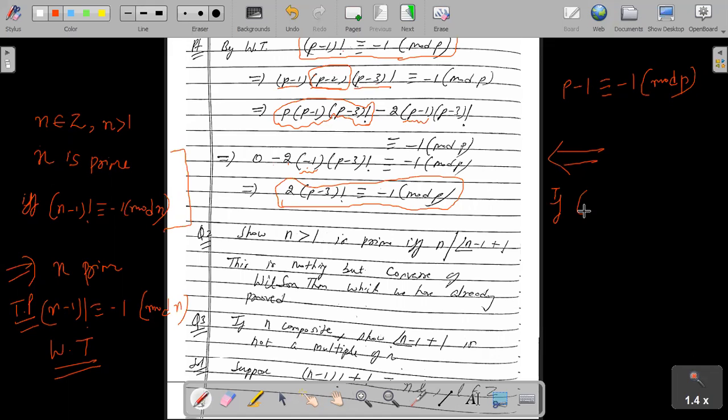If (n minus 1) factorial is congruent to minus 1 mod n, you have to prove that n is prime. So this is the converse of Wilson's theorem. We have already proved both of these.